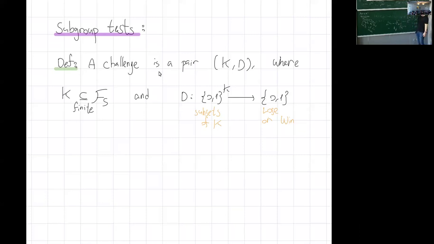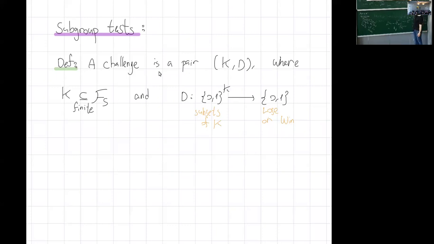So what is a challenge? A challenge is a pair of a finite set K from the free group. I fixed a collection of generators, so S is fixed before this definition. And a function D from subsets of K. So {0,1}^K is just indicators of K, which is the same as a subset of K, right?